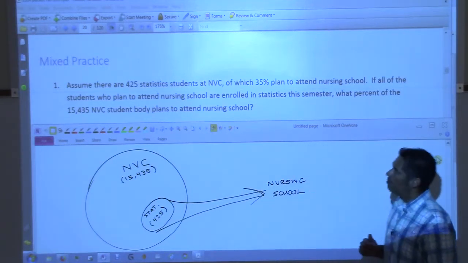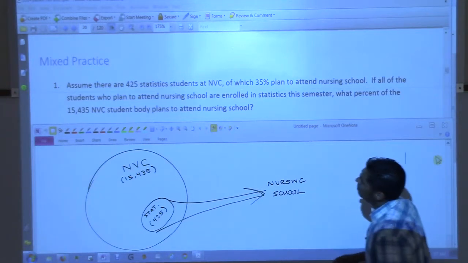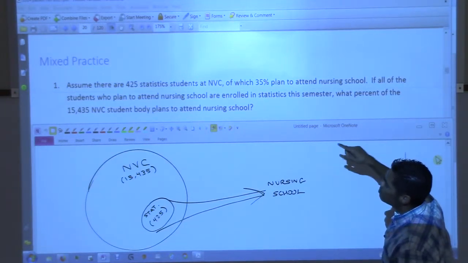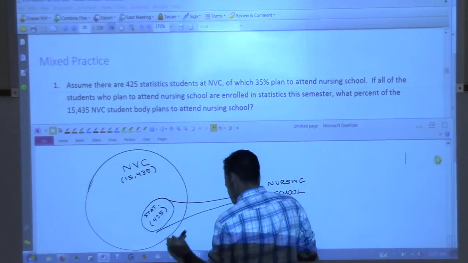Oh, wait, hold on. 35% plan to attend nursing school. I think I missed that, didn't I? Yes, 35%. If all the students who plan to attend nursing school are enrolled in stats, that just makes sure they're not in a smaller group. So I drew this arrow wrong, didn't I?